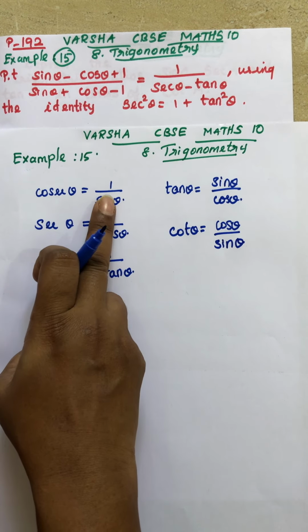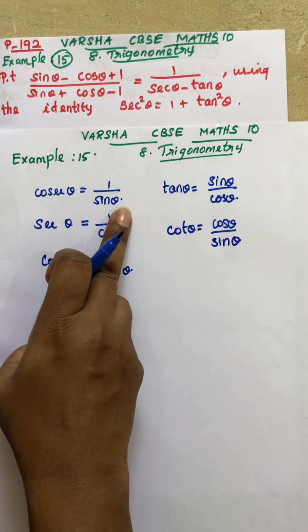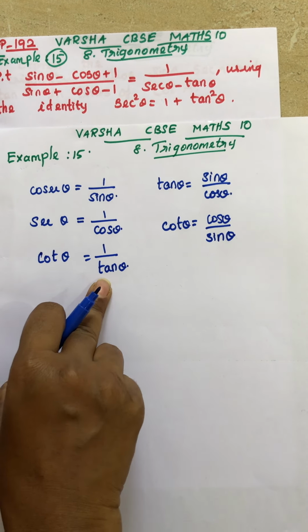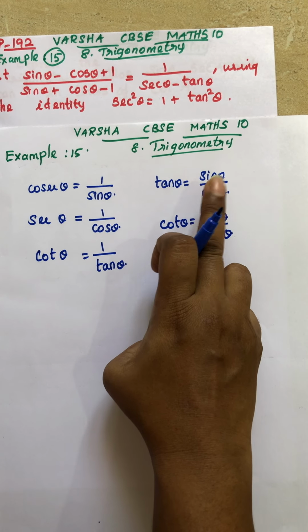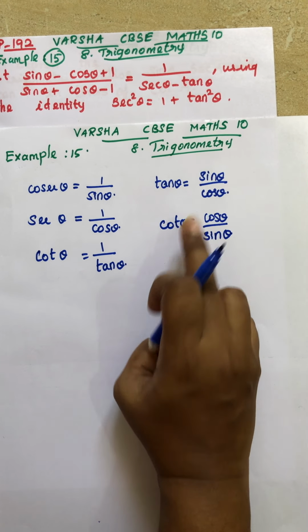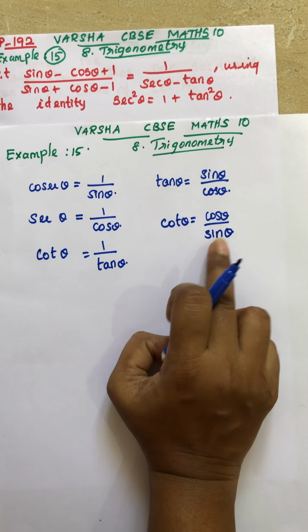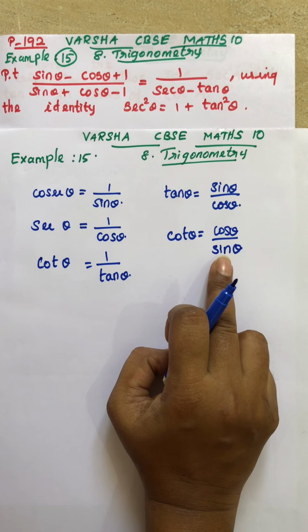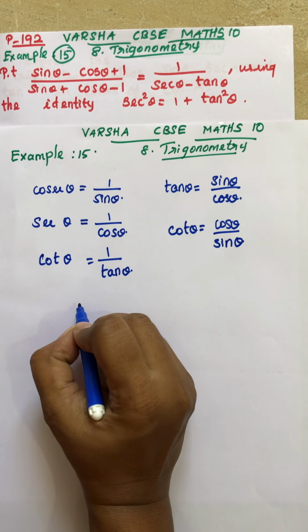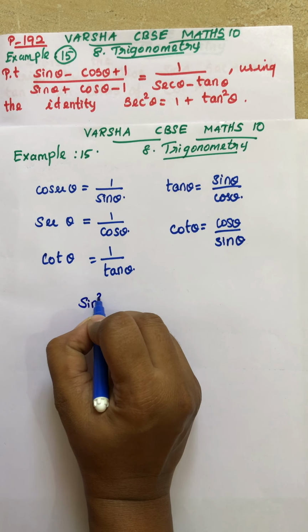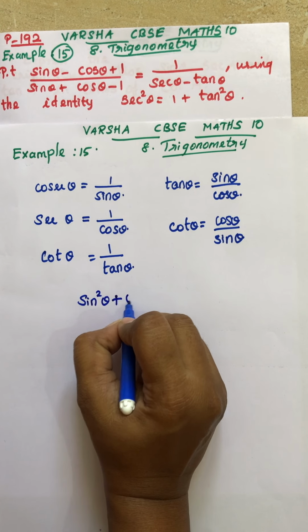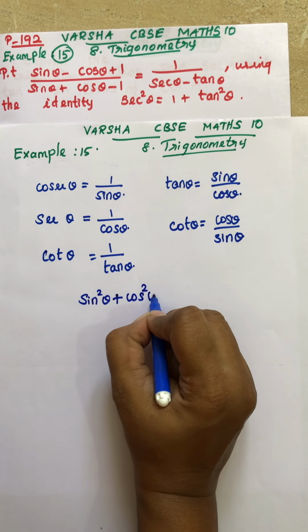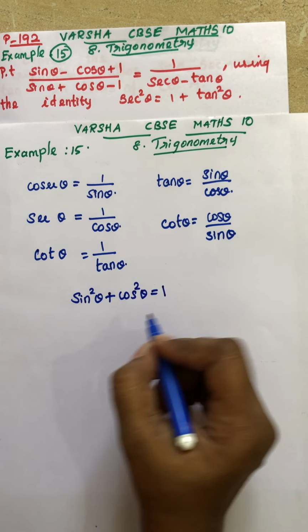Cosecant theta is equal to 1 by sin. Secant is equal to 1 by cos. Cot is equal to 1 by tan. Tan can be written as sin by cos, and cot can be written as cos by sin. So what are the identities? Three identities. The first identity: sin square plus cos square is equal to 1.